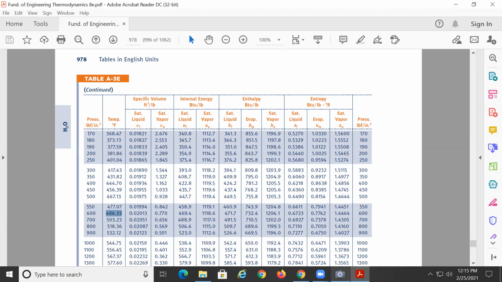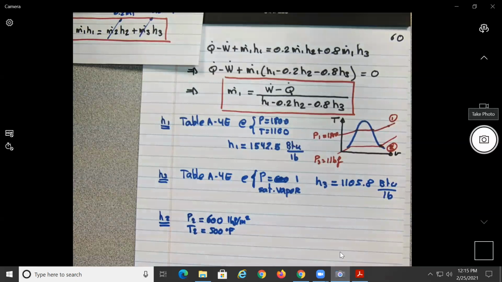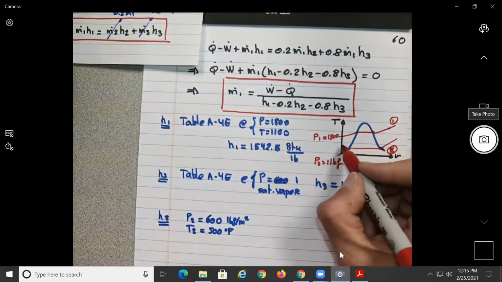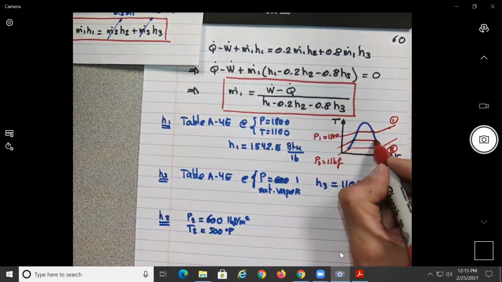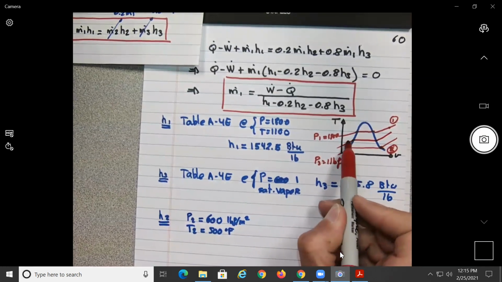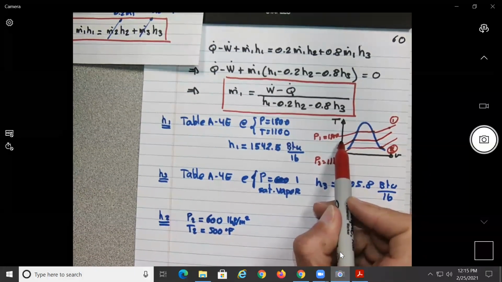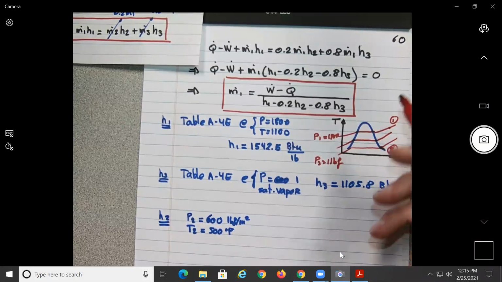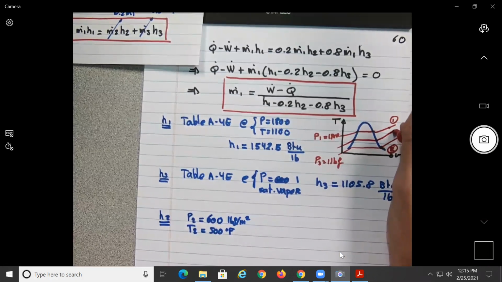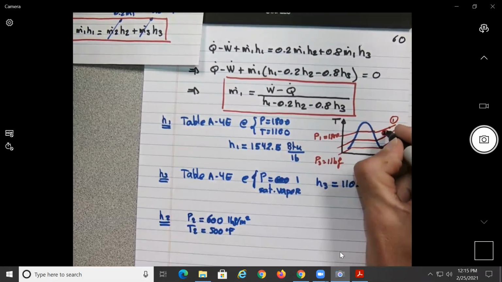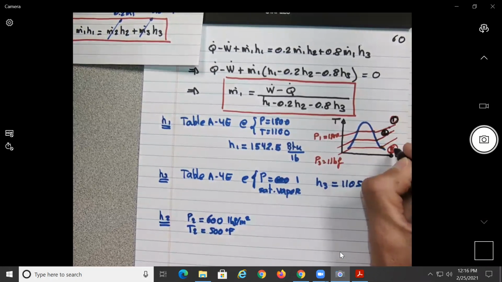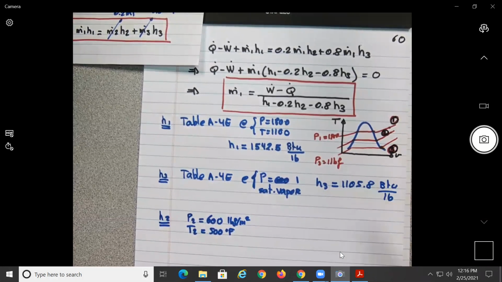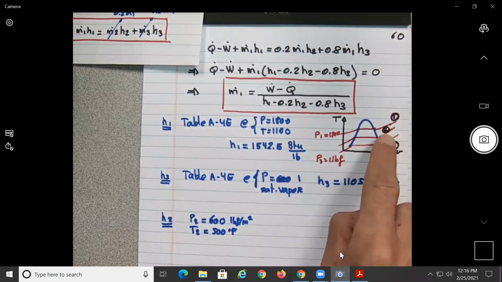If we look at this figure here, and go through a line of 600, the temperature here will be the saturation temperature, whatever, 483. Ours will be higher, so it will be somewhere over here. I don't know where on the line, but we know the state will be over there.